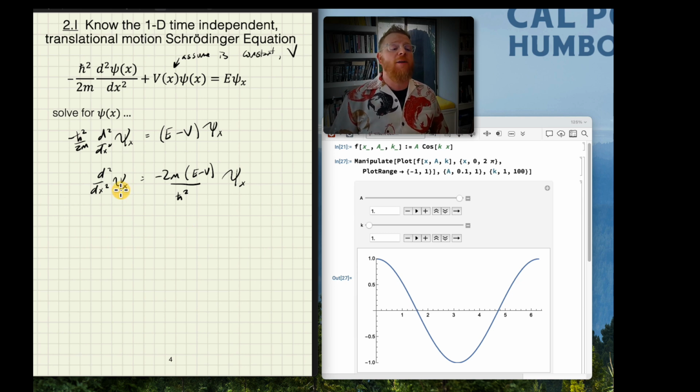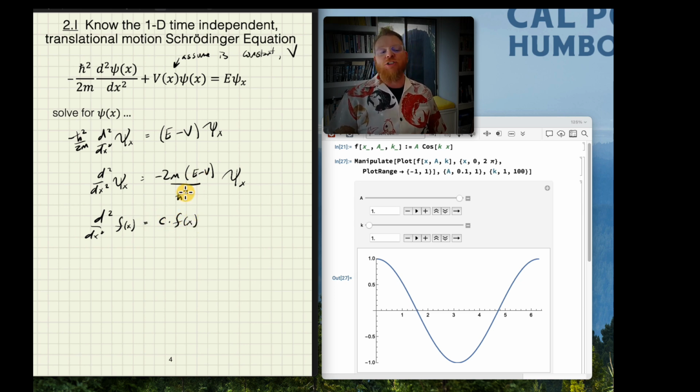We are going to get into more detail on how we arrive at a solution for this, but there is a standard solution to describe this equation. So generally, that standard solution, we could think of in terms like this. So the second derivative of some function f of x equals some constant times the original function.